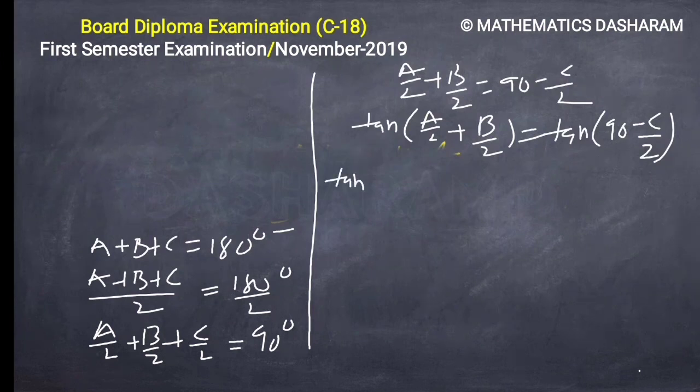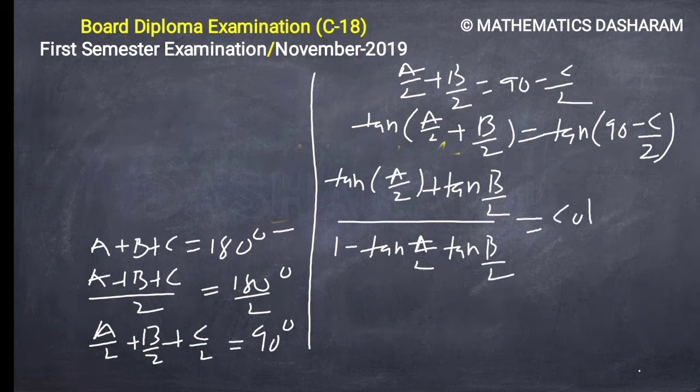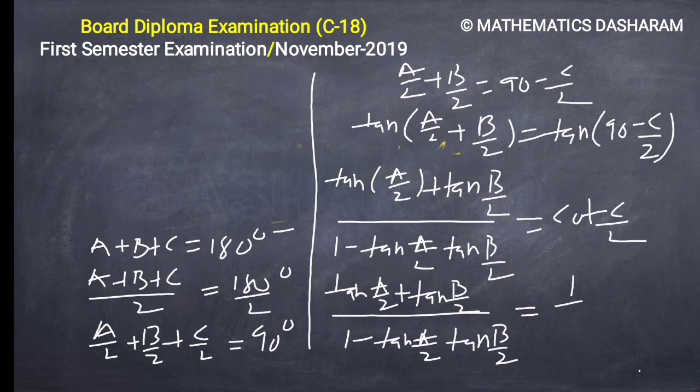That is tan a by 2 plus tan b by 2 divided by 1 minus tan a by 2 into tan b by 2. It is equal to tan 90 minus theta, which is cot theta, so cot c by 2, which we can write as 1 by tan c by 2.